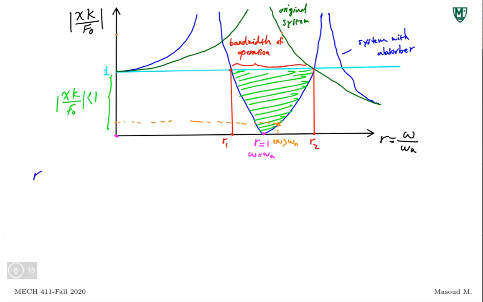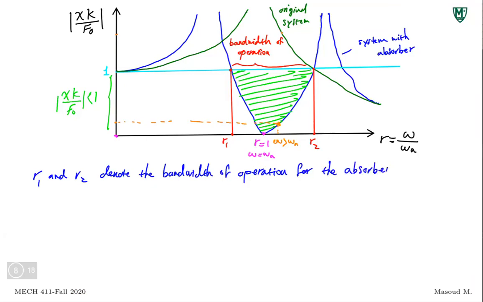R1 and R2 denote the bandwidth of operation for the absorber.